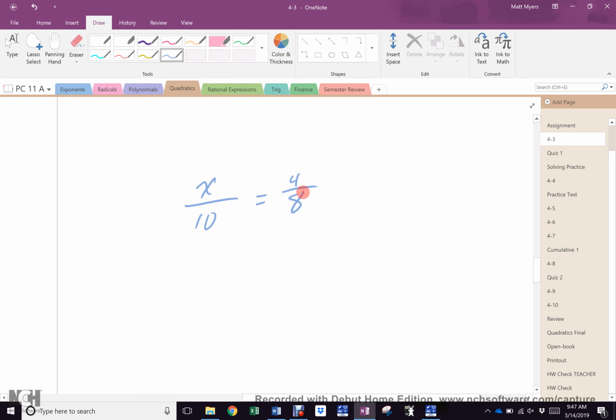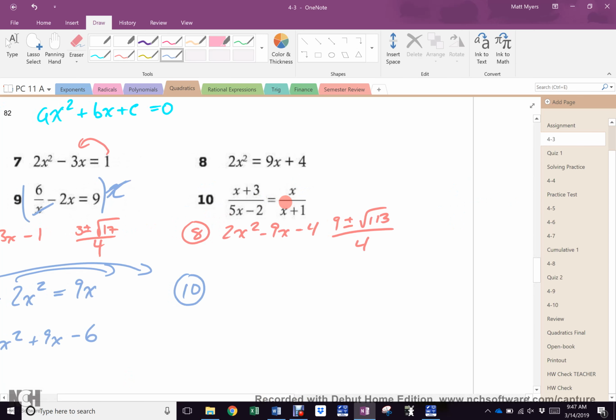Many, many times. How would you solve it? You would cross multiply. Does that look like fraction equals fraction? So what would you do? Cross multiply. Have you ever multiplied a binomial by another binomial? Yes, you have. Have you ever multiplied a monomial by a binomial? Yes, you have. Bring the math that you already know.